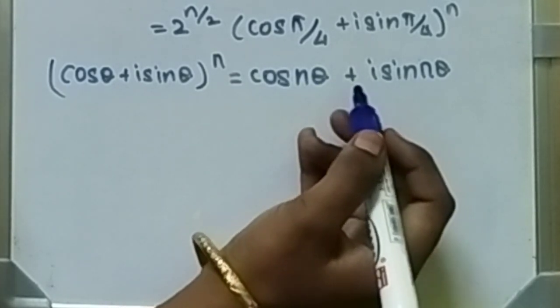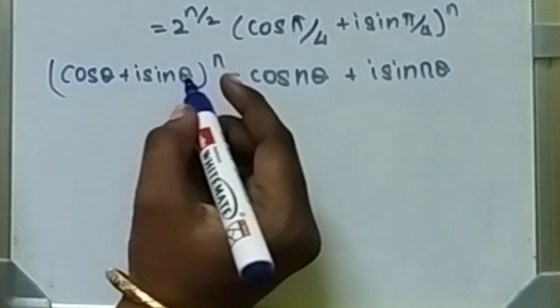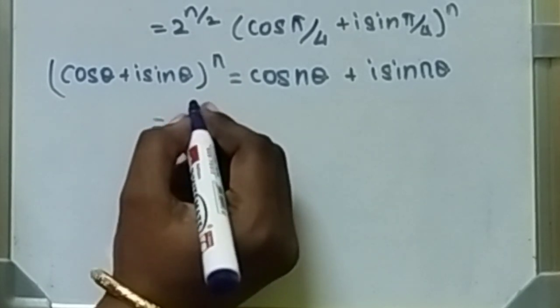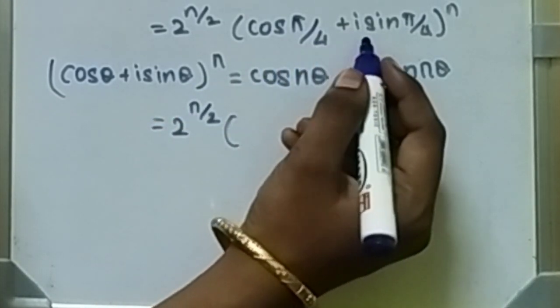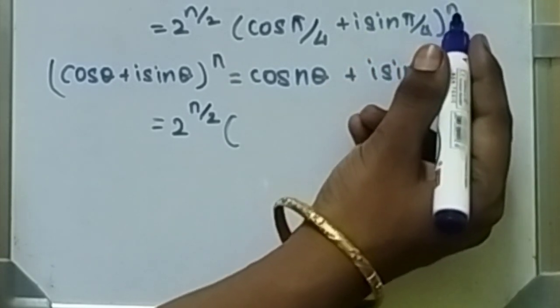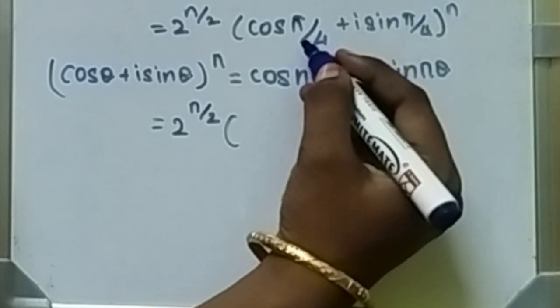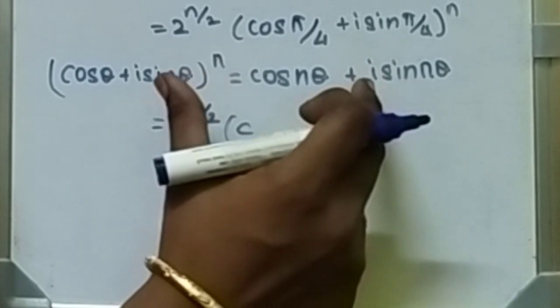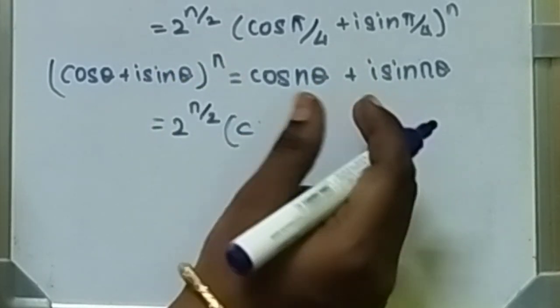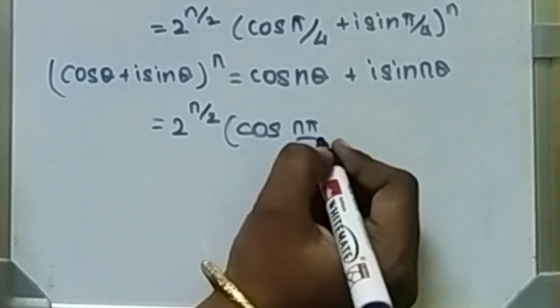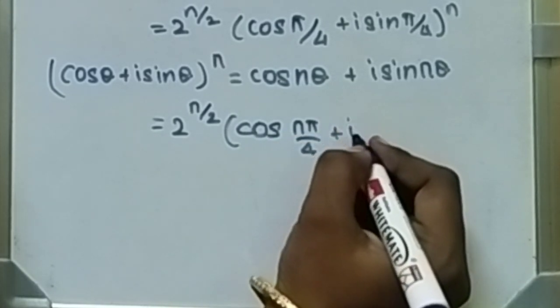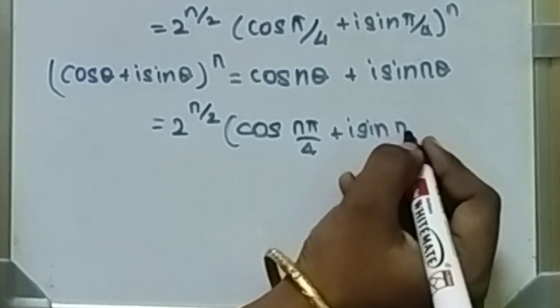Likewise we are substituting here. So 2 power n by 2 times cos pi by 4 plus i sin pi by 4 power n. So this n will get multiplied into the angle, likewise in the formula. So what we have is cos n pi by 4 plus i sin n pi by 4.